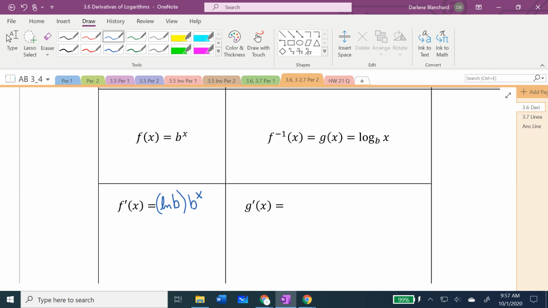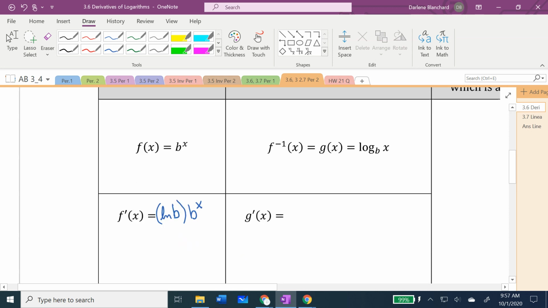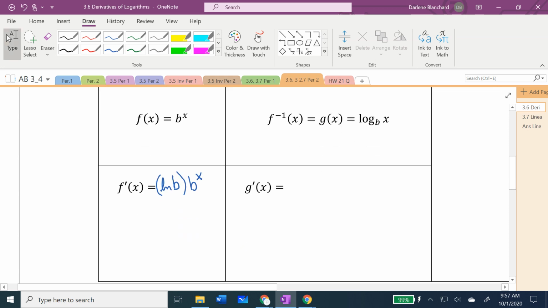Now, for the sake of notation, I'm saying that g of x is f inverse because it is very, very awkward to try and say the derivative of f inverse. So we're going to remember the formula we learned yesterday about derivatives of inverse functions.